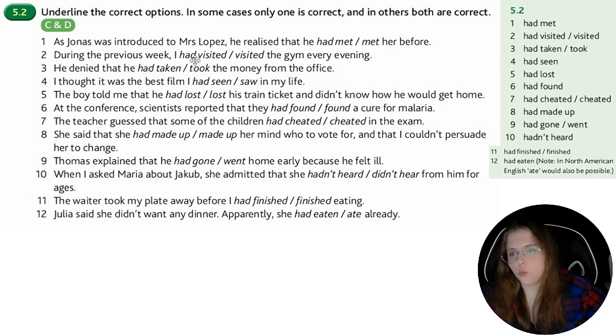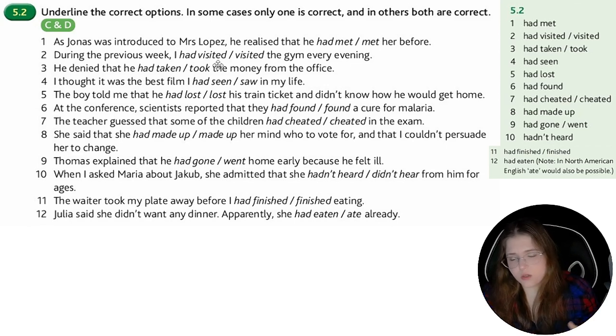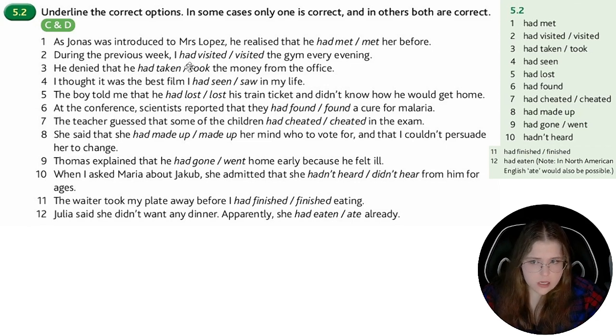We don't want to draw attention to the action and to the fact that it was previously. It was earlier, and here we can use both of them. By the way, it is very clear and obvious that firstly he took the money or he didn't take the money, and only after that he was asked about it.